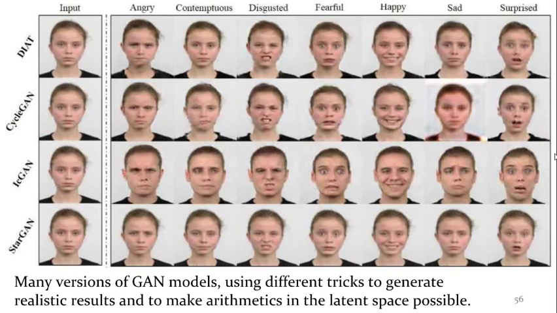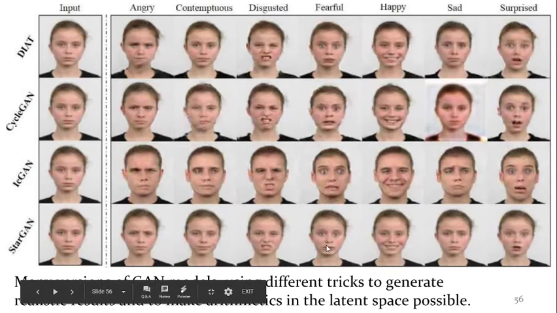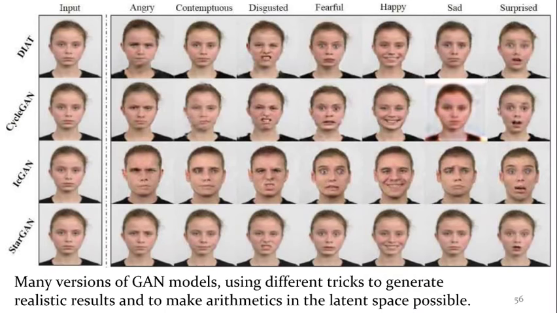And yeah, so about GANs, there are many versions of GANs, and some are better at these things and some are worse. While some are really bad at, okay, if you transplant fearful onto this face, some of them fail really horribly, but some of them are quite good. This is StarGAN. They use various tricks to manage the space of the latent vector in a way that it's easy to move around in it.